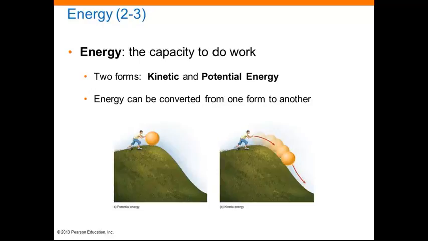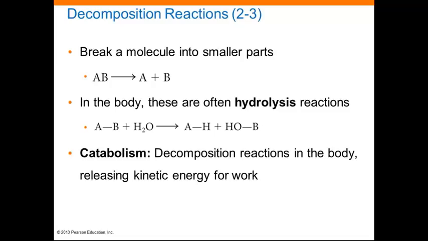Keep in mind that energy can be converted from one form to another, and oftentimes heat is a byproduct of this conversion. And I mentioned in the other slide that there are three types of chemical reactions important to this general anatomy and physiology course, and we'll start with decomposition.